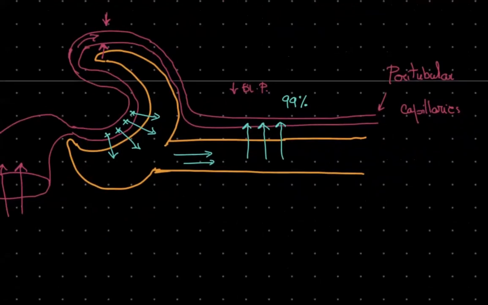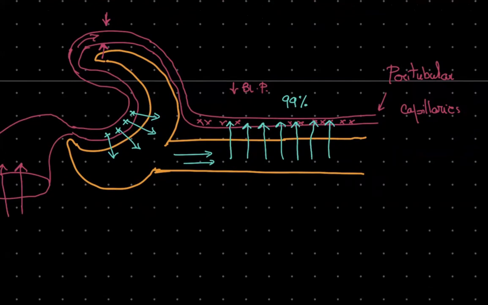And as I reduce the hydrostatic pressure of the blood located here in my peritubular capillaries, this will allow more water to move back from the kidney tubules, as they are facing a lower pressure, a lower resistance for this water to move back to my peritubular capillaries.